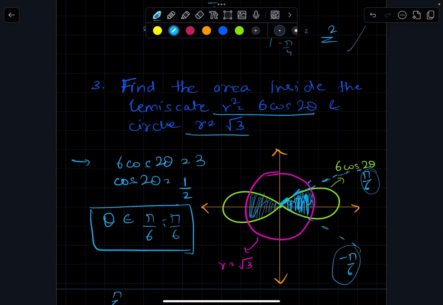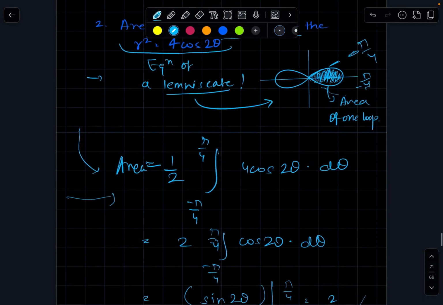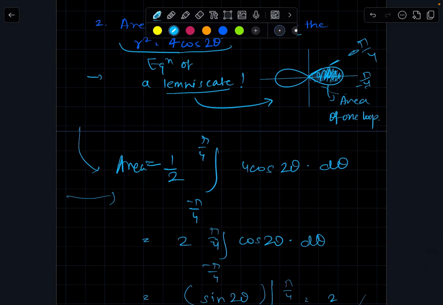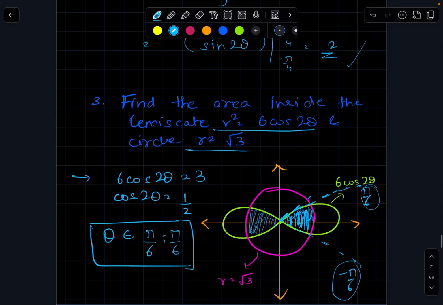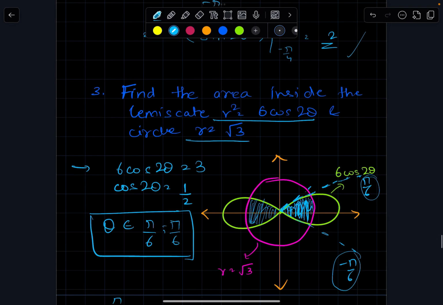And how are we going to find that? Now, your normal limits were from minus pi by 4 to pi by 4. But this time it's minus pi by 6 to pi by 6. So how are we going to figure that out? Well, you basically need to equate both of these equations, and then you will get cos 2 theta is 1 by 2, and your theta then belongs to pi by 6 or minus pi by 6. Right.